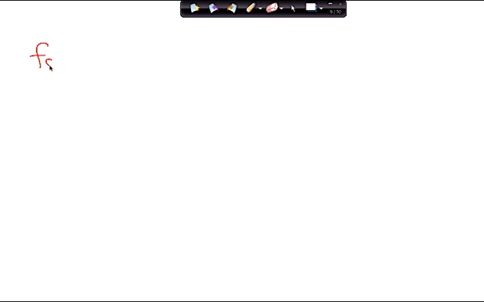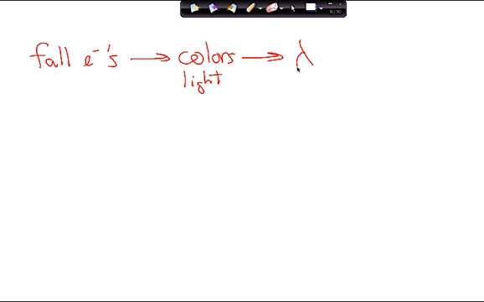Okay, so guys, you may want to write this down because this is the big connecting thought. So you ready? It goes like this. Falling electrons lead to colors of light. These colors of light are a direct reflection of wavelength.